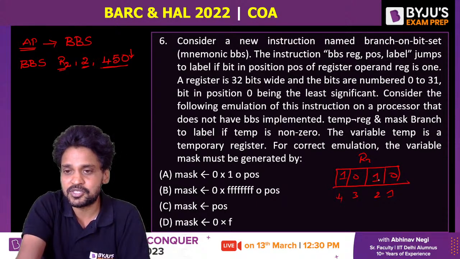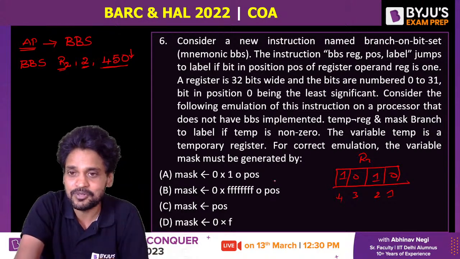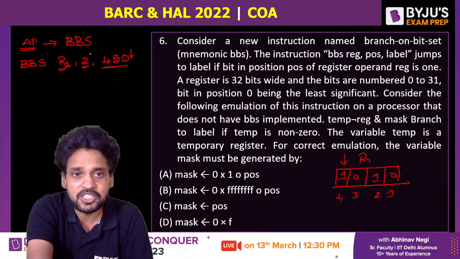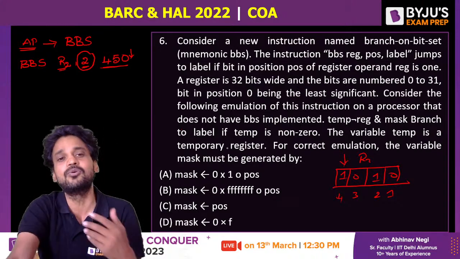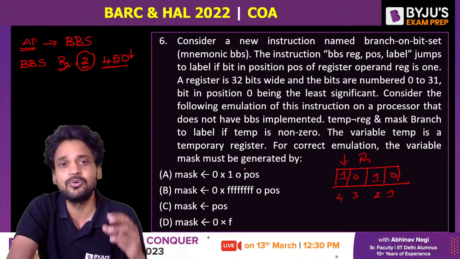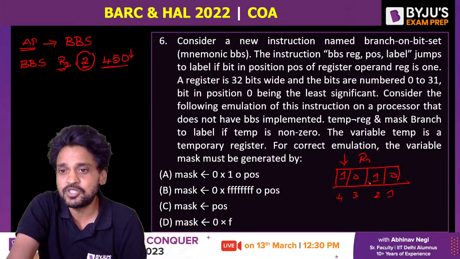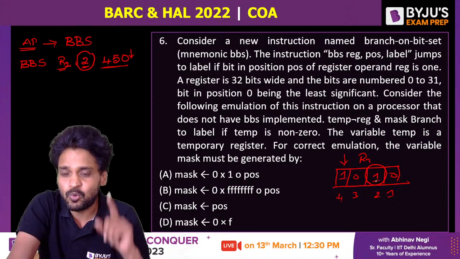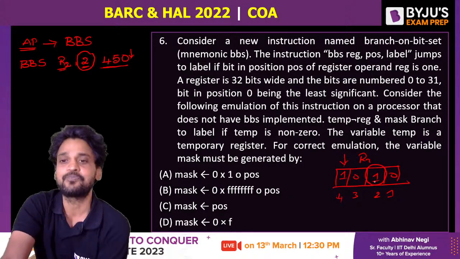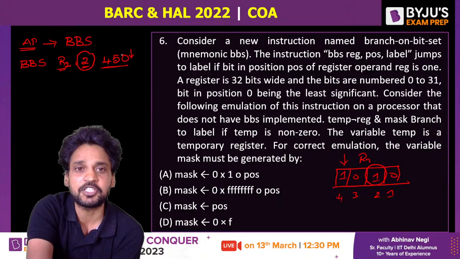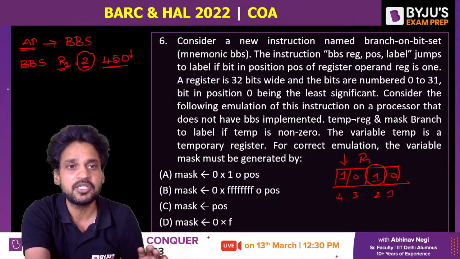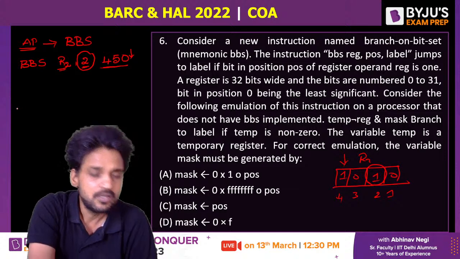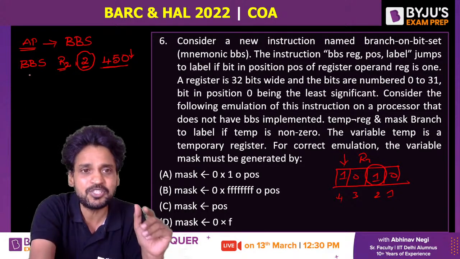The control of the computer system will come to this register and check the second bit position. If the second bit value is equal to 1, then they take the branch. Otherwise, they don't take the branch and the next instruction will be executed. Got my point? So this is how BBS works.